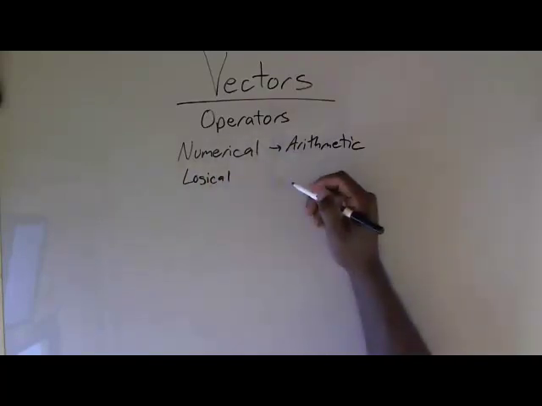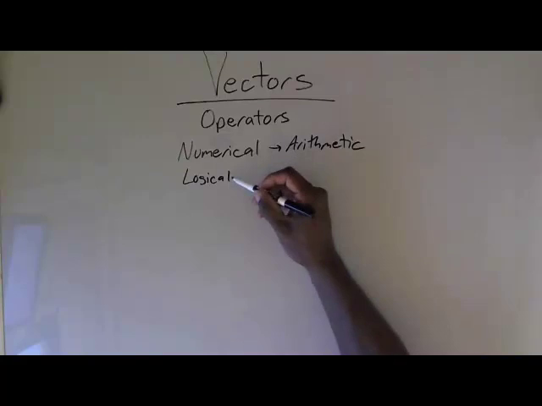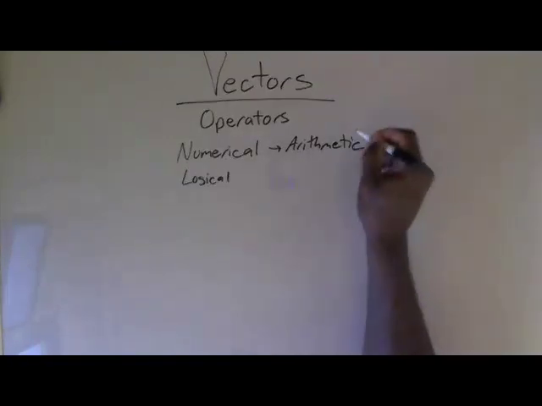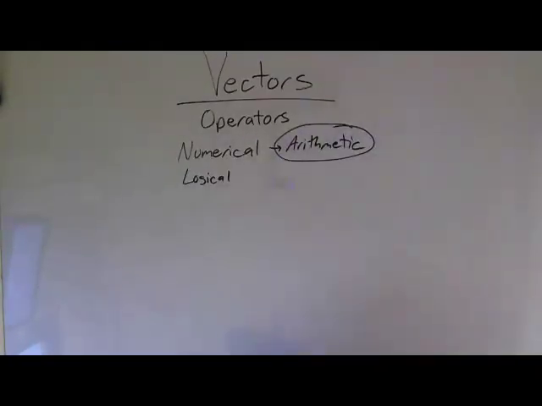or Boolean operators. We're going to talk about logical and Boolean operators a little bit later, just because I have to build up some logic math and things like that first. So this particular video segment is going to focus on the arithmetic operators on vectors.